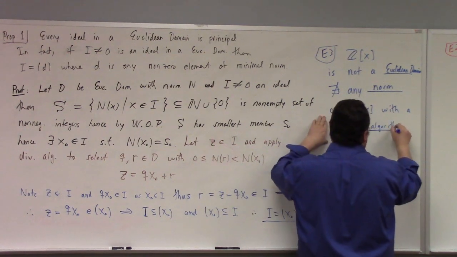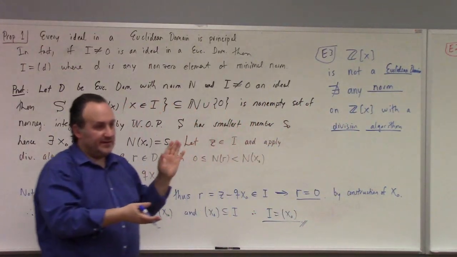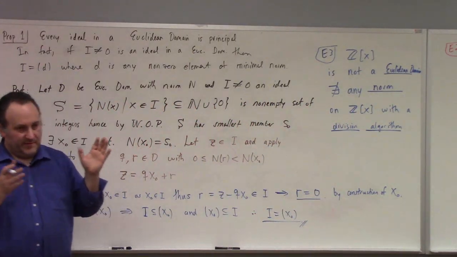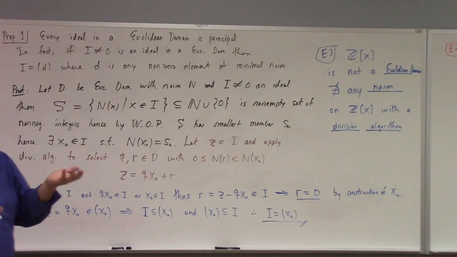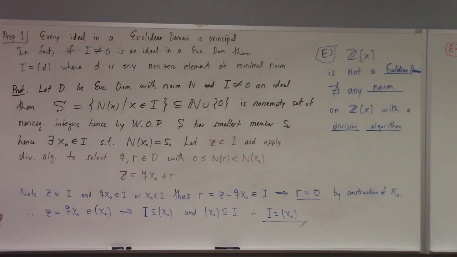So this forbids, in the infinity of possible norms you could build on this ring, they're all doomed. None of them can possibly live up to the division algorithm. It can't happen, because if it did, that would make the integer polynomials a principal ideal domain, which it's not. We proved it. All right?